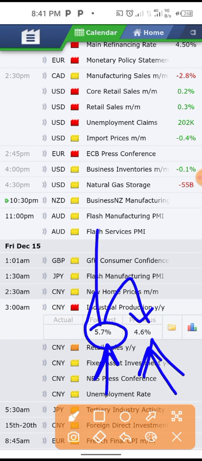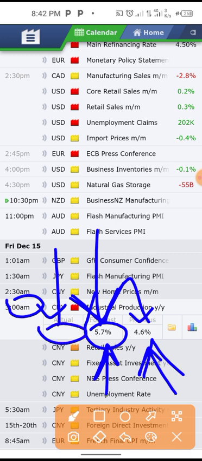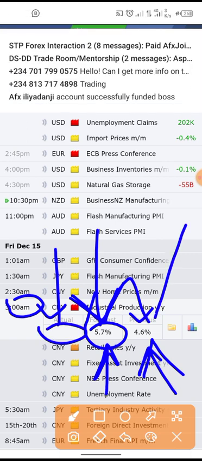Now, this is just a forecast to let you and me know what to expect of the markets. But by 3 a.m., the main news will happen, and when it does, the actual data will be printed here. The actual data may be below the previous or above the previous.